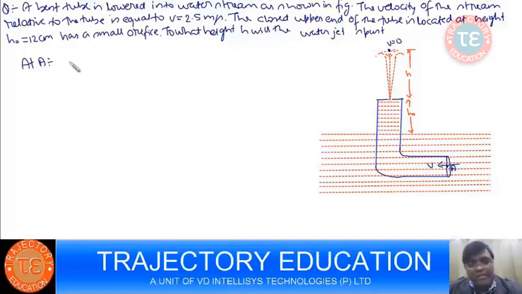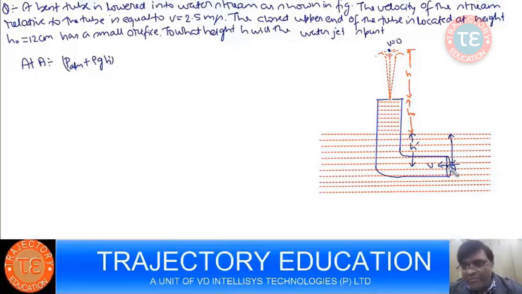then at A, what is the static pressure? The static pressure is P-ATM plus, we don't know this height, so let's assume this to be H dash.